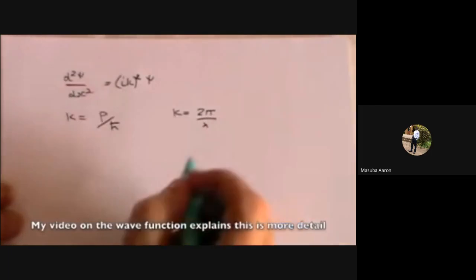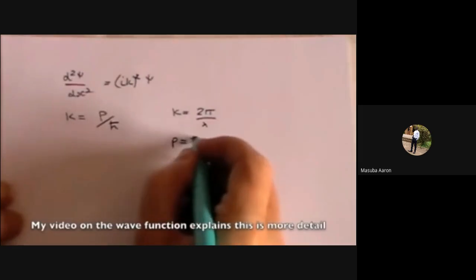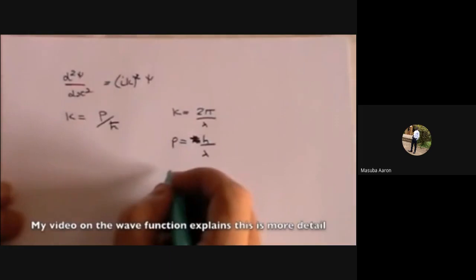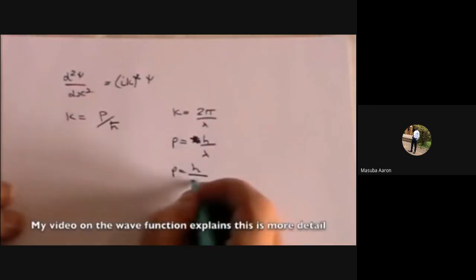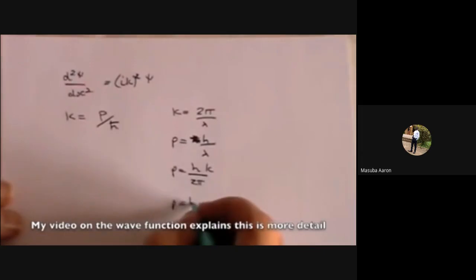2 pi over lambda. And if we work it through, we know from the formula that p equals h over lambda. Therefore, p equals h over lambda, which is h bar times 2 pi over lambda, and h bar is just another version of this constant.